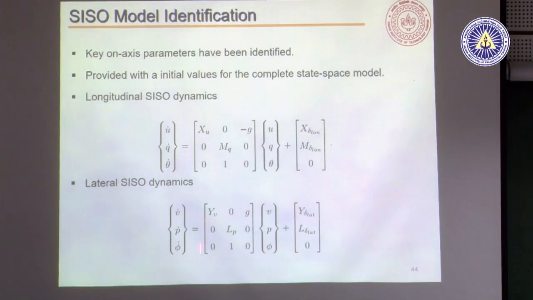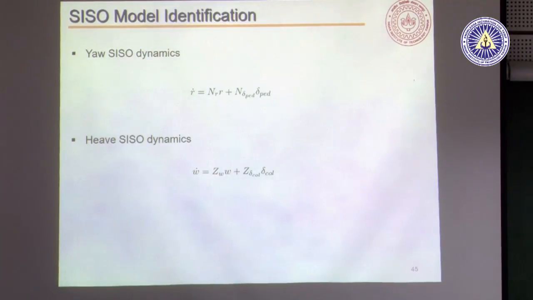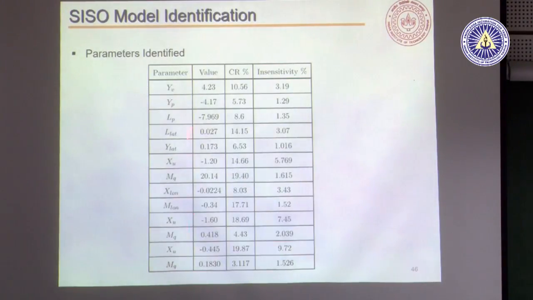Similarly, lateral is v dot, p dot and phi dot, and you have simplified smaller equations like these, which you can identify easily. The yaw seesaw is even simpler, just one equation, and this is the heave seesaw. Just w dot, where w is the vertical velocity, with the corresponding zw and collective control, that is all.